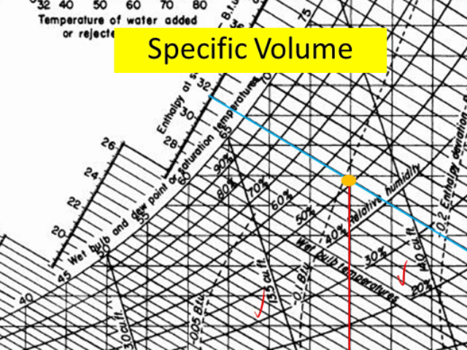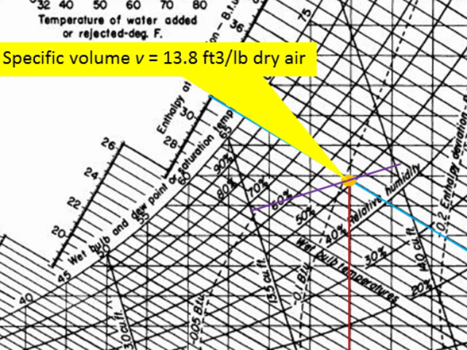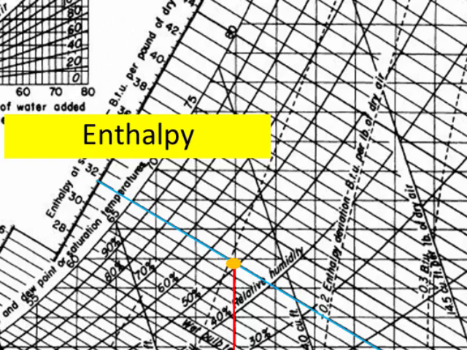For this, we can draw a line perpendicular to the specific volume lines, and based on the length of the line segments, we can find the specific volume of the point as 13.8 cubic feet per pound of dry air. For enthalpy, we need to read two values. One is the enthalpy of saturation and the other is the enthalpy deviation.